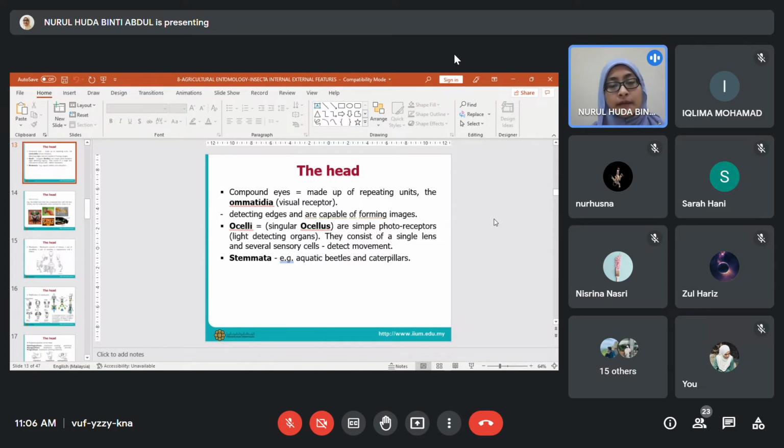So it does not function like you see a picture clearly. The one that sees clearly is what we call a visual receptor. This one is a movement receptor. They detect movement based on changes in light. So stemmata are almost like ocelli.